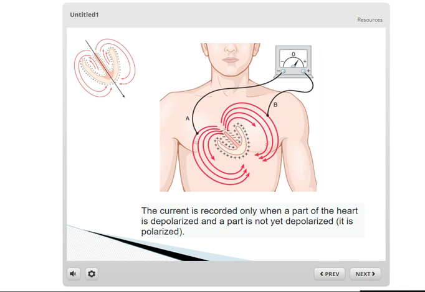If the entire heart were either completely depolarized or completely polarized, there would be no potential difference and hence no detectable current flow. This would result in a flat or isoelectric ECG.